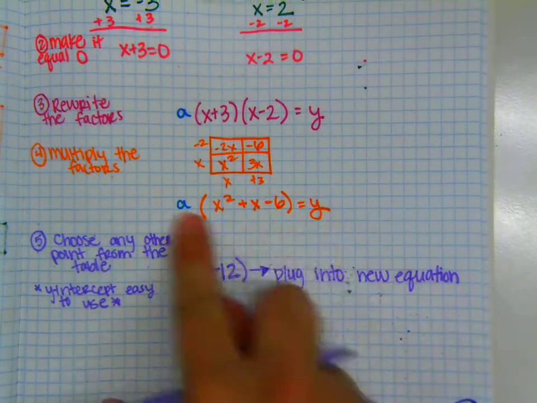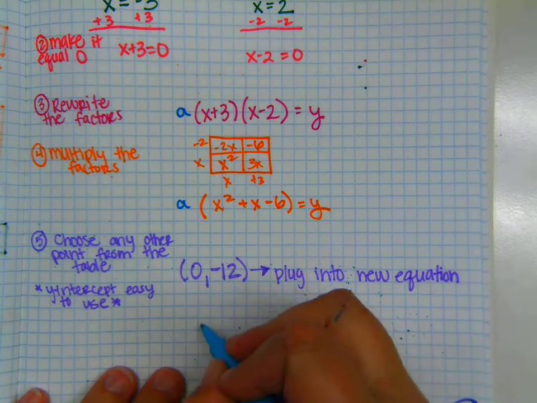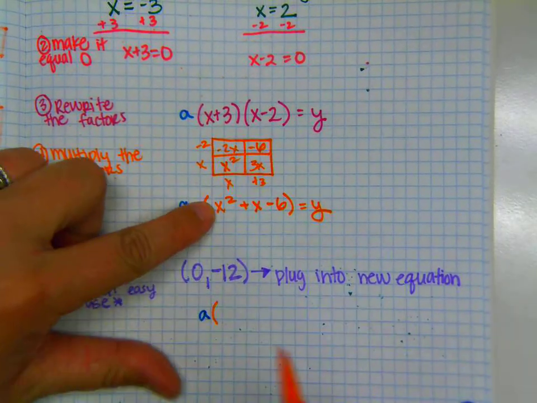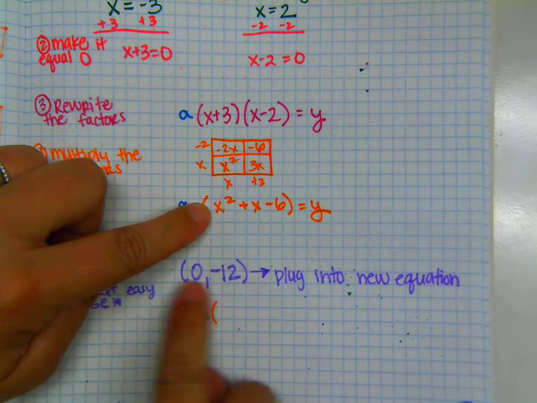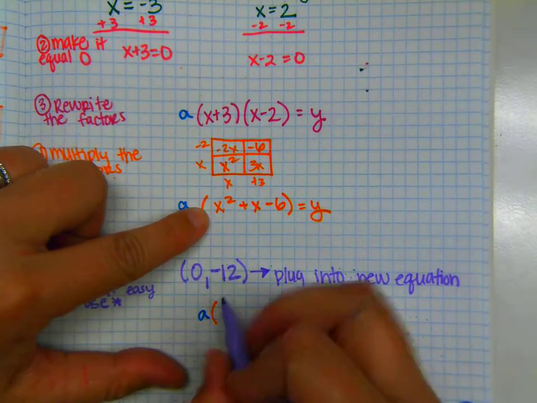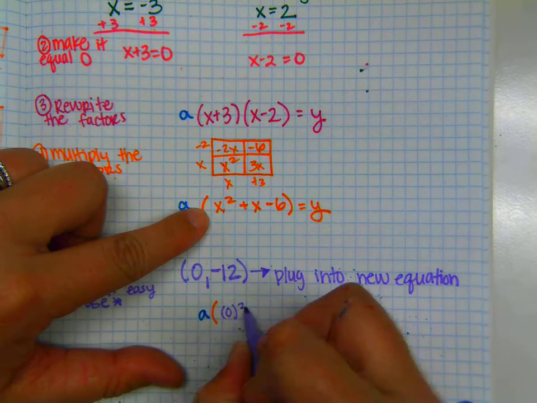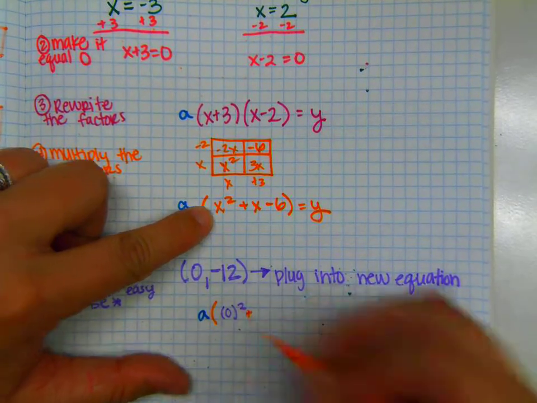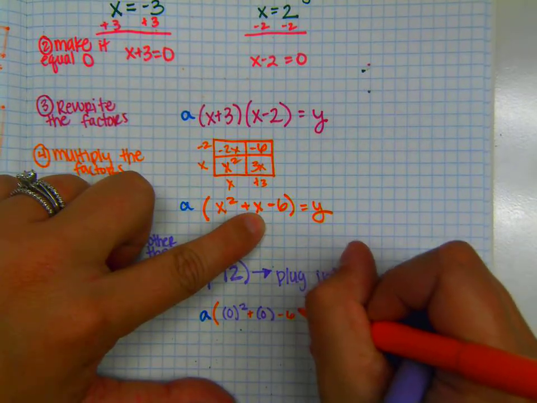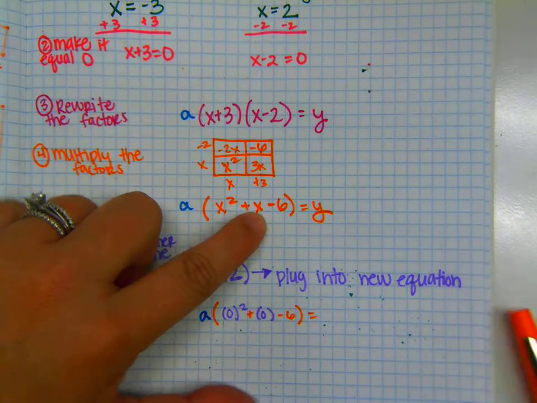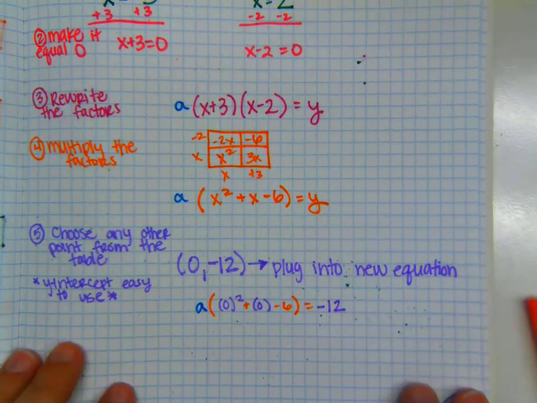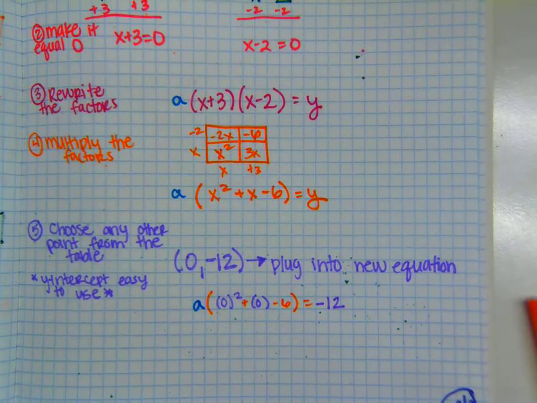So we're going to plug it into here, okay? We don't know what A is. A times, what is our x value in this point? What's the x value? It is 0, so I'm going to put 0 squared plus 0 minus 6 equals, what's the y value here? -12. Okay, so now we need to solve for A.